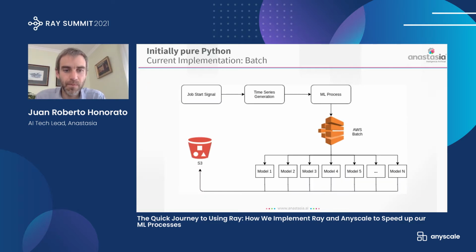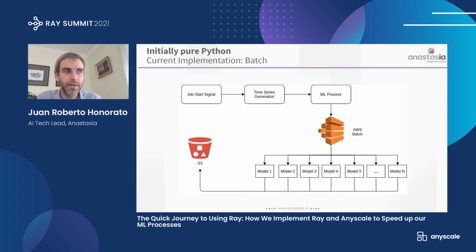So we can see the process like this in this diagram. We get the job start signal that comes from our customers, and then there's the time series generation, the dataset that we fed into the ML process. For this ML process, we initially used the AWS Batch managed service.